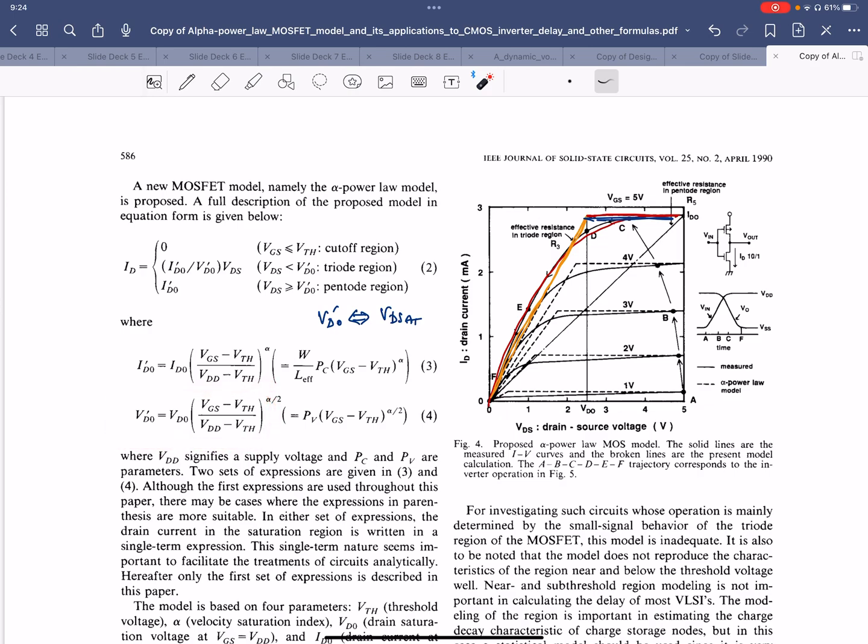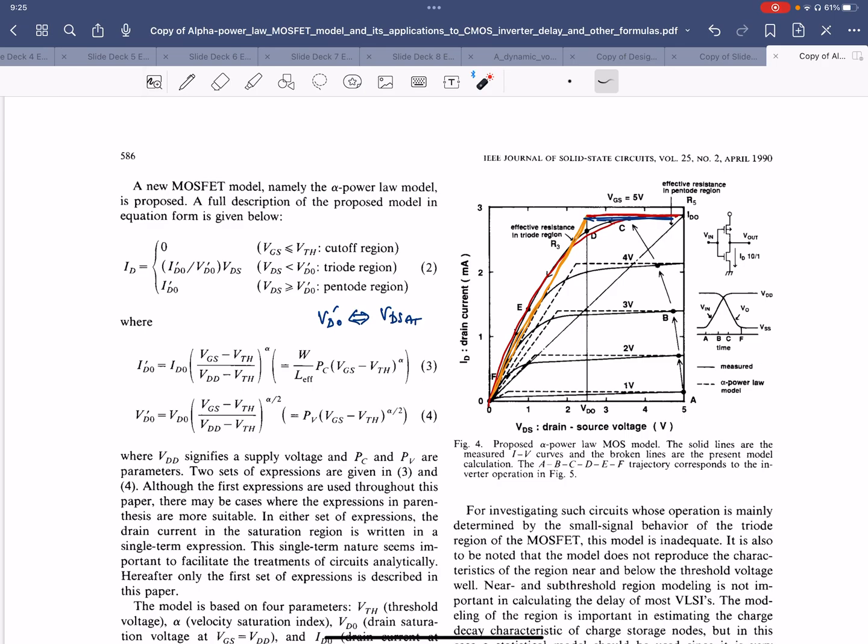And then ID0 prime tells you, if you're in the triode region, use this model and use this current value for it. And then in the so-called pentode region, you use the ID0 by itself as the value.